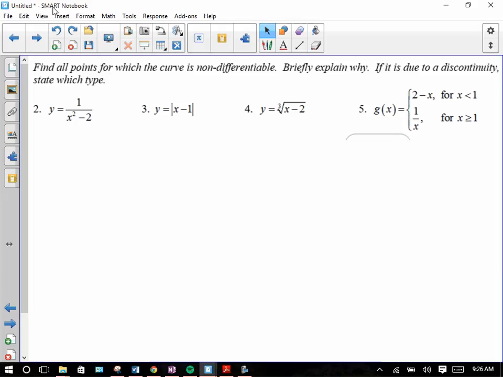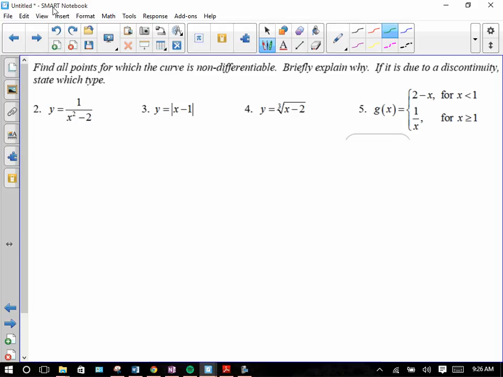It has something to do with the denominator. If we have a denominator, we worry about the denominator being equal to what? 0. So we know there's going to be some area where this function is not continuous.